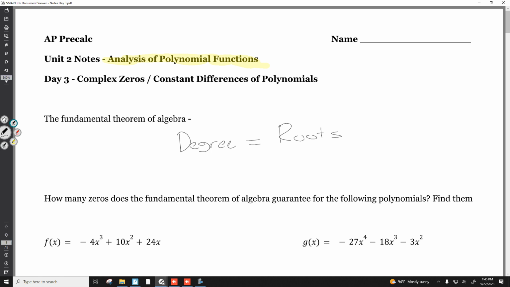Now, roots being zeros, understanding that roots have multiplicities is also part of your analysis.